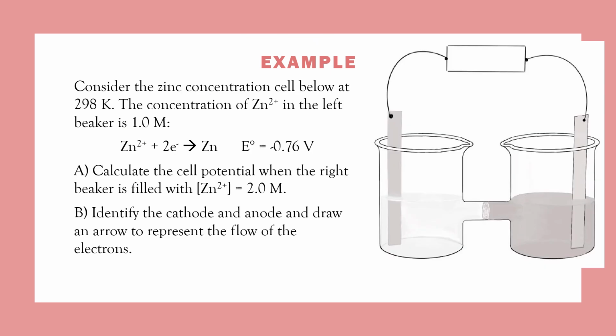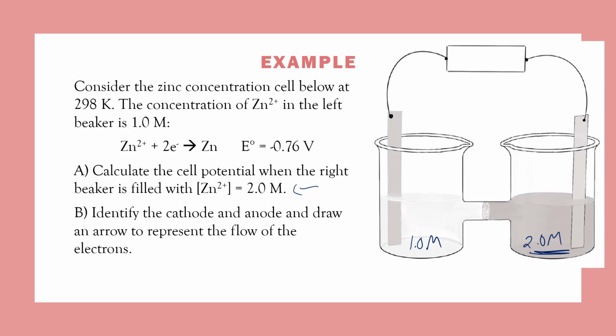Okay, so now we have a concentration cell, and we have zinc ions in both of them and zinc metal in both of them. But in the left beaker, we have 1 molar concentration, and in the right beaker, we have a 2 molar concentration. So that means this beaker must be decreasing in concentration in order to reach equilibrium.